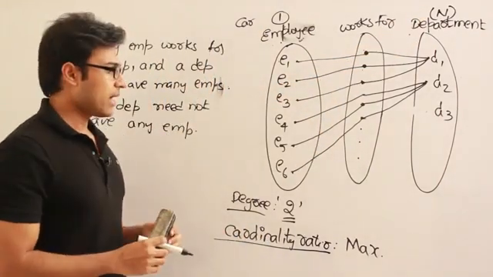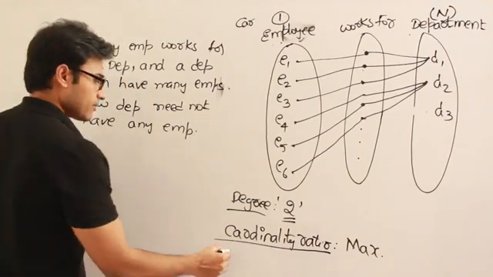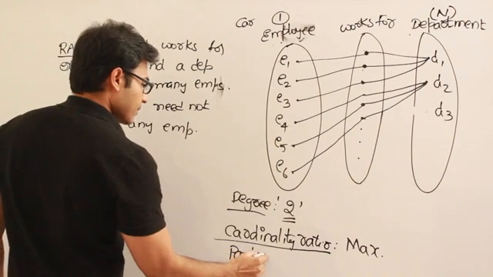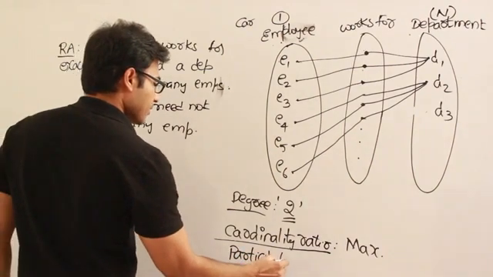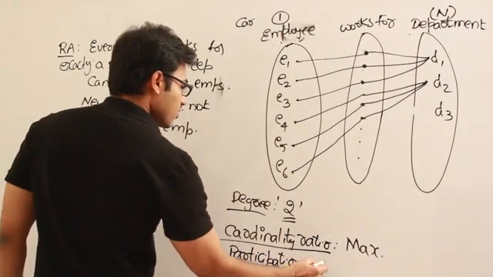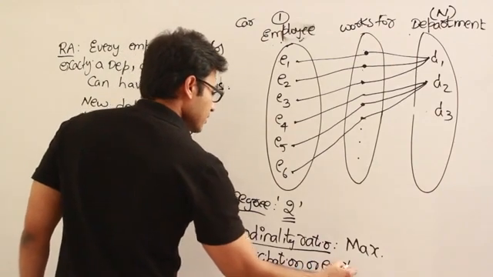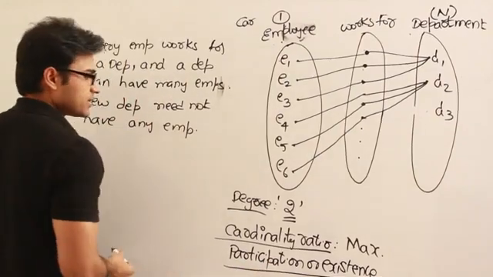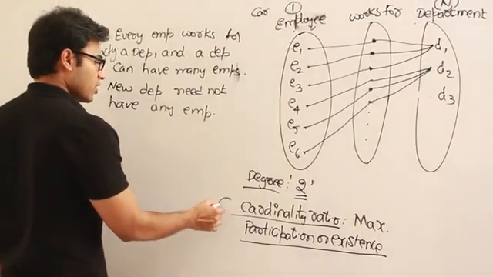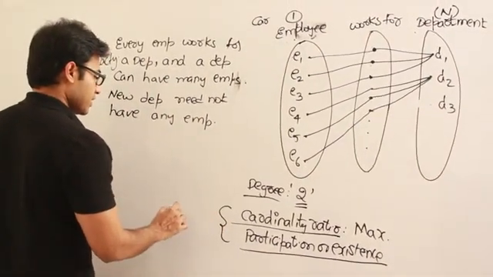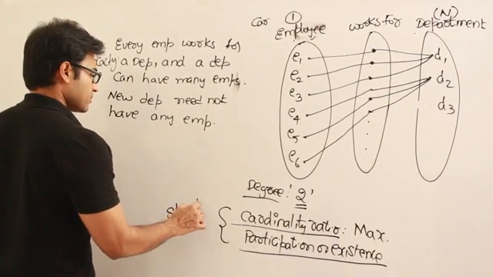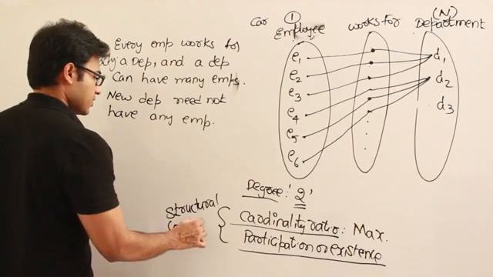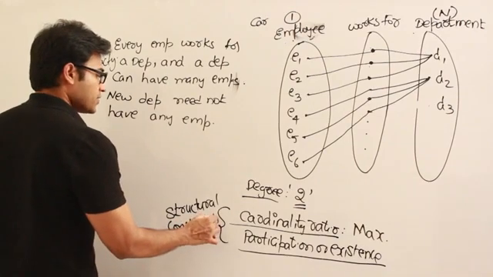Got it? And one more thing is participation, or existence constraint. These two are called structural constraints. Now, what is participation?